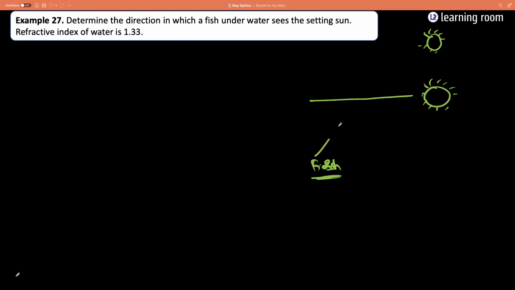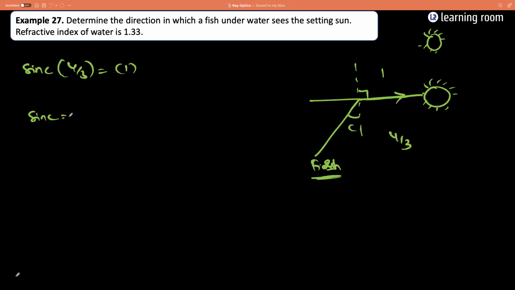So if I take this to be the critical angle, here the refractive index is going to be 4 by 3 and the outside medium's refractive index is 1. So what will be the answer? Sin C into 4 by 3 will be equal to 1. So sin C will be equal to 3 by 4. C will be equal to sin inverse of 3 by 4. So this is the angle at which a fish underwater will be able to see the sunset.